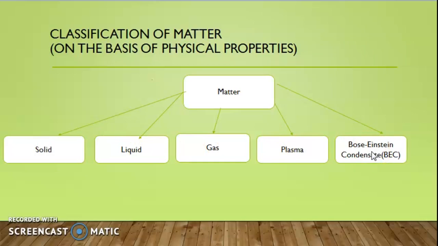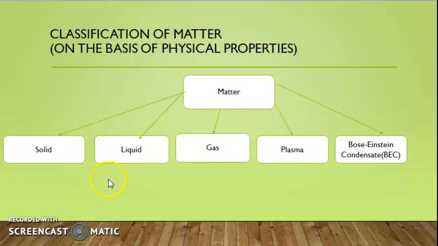So on the basis of physical properties, matter is divided into five states. In this chapter, we will discuss all states of matter in detail along with their characteristics.